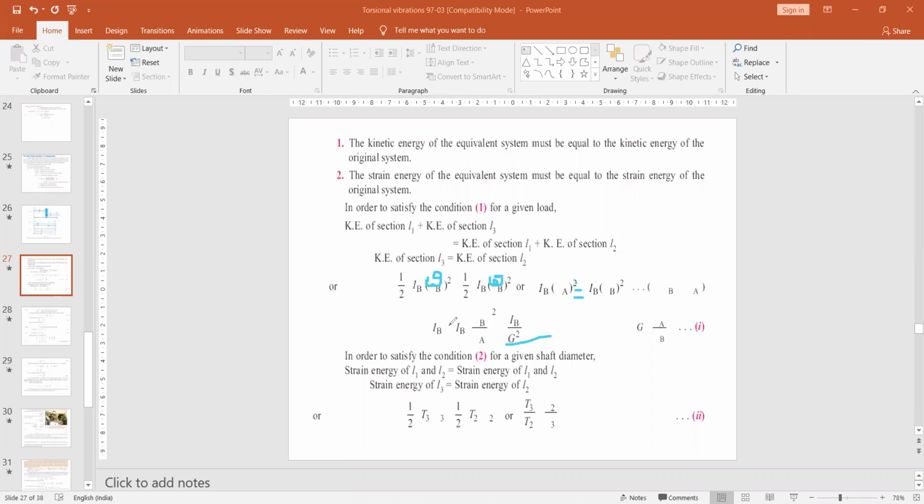So that is the IB for the equivalent shaft. So IB for the equivalent shaft equals IB by G square, for the original shaft value.